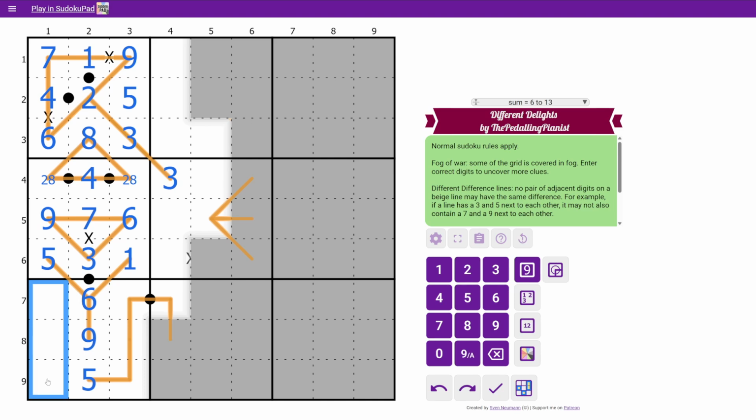It's going to be a 3 over here from Sudoku. A 1 as well. A 4 will be over here. A 7. And either a 2 or an 8. 7 cannot go here.